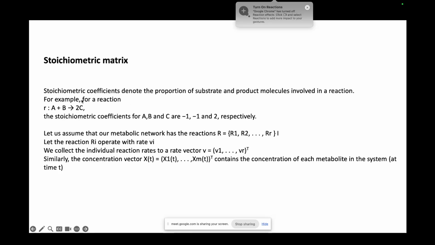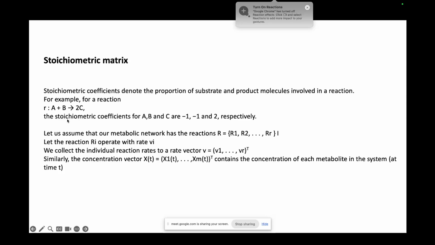For example, if you have a reaction given by A plus B equal to 2C, then for A the stoichiometry is -1. Keep in mind the direction of the equation as well.